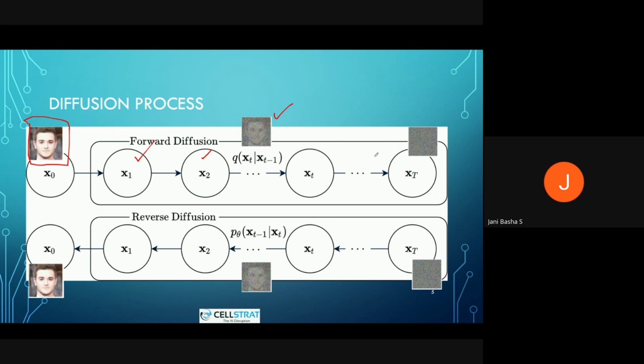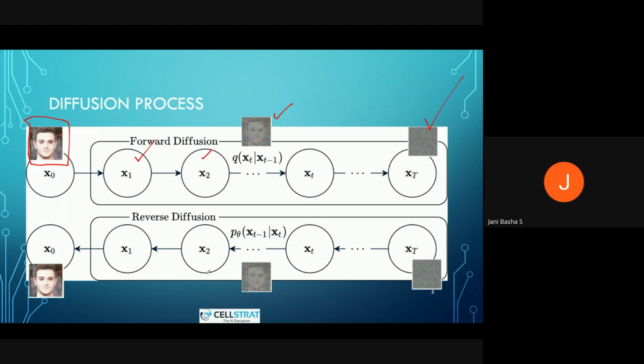Like that, we keep on adding the noise, and at the end of maybe some 1000 or 2000 steps, the initial image got completely destroyed. It became completely noise. This is the process of forward diffusion, wherein we have completely destroyed the image, and now we need to restore that image.